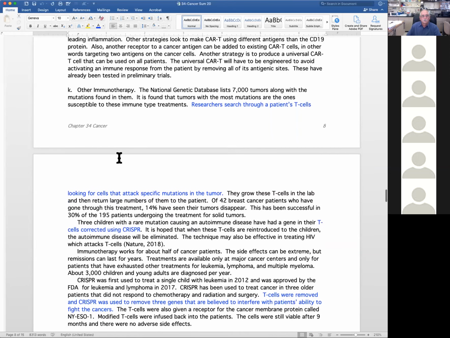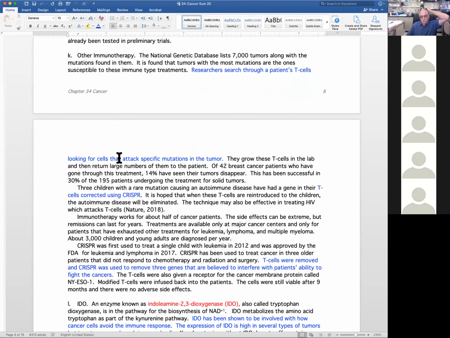So another thing that they're trying to do is you come down with a tumor, and instead of doing something like CAR T, what they're doing is they're taking the tumor and comparing the patient's T cells and looking for a group of T cells that will then attack that particular tumor.